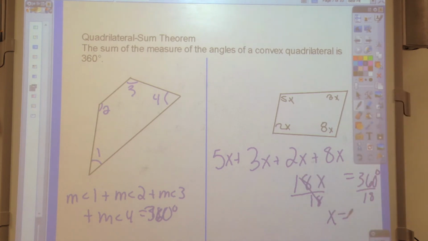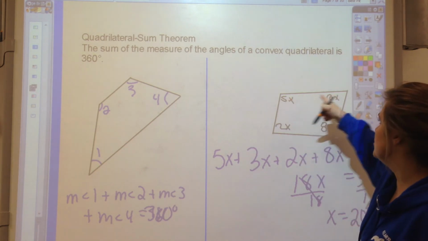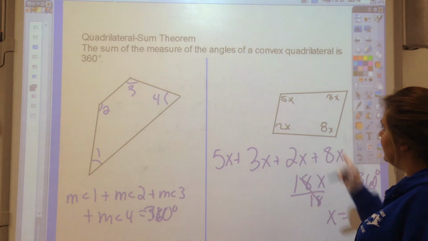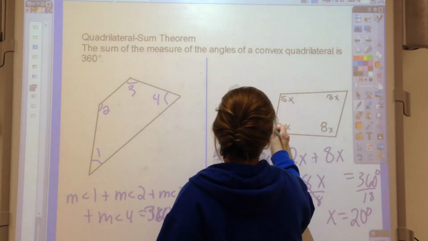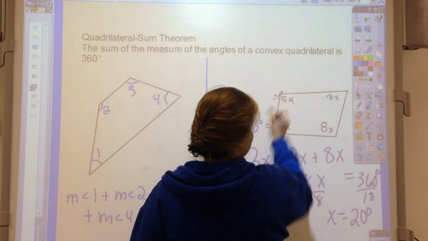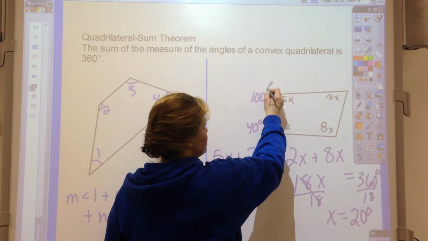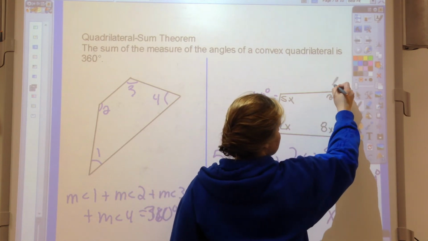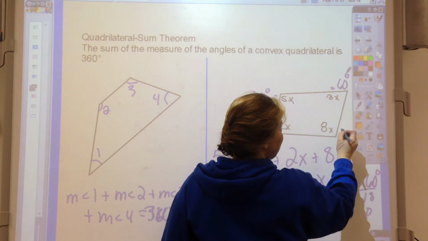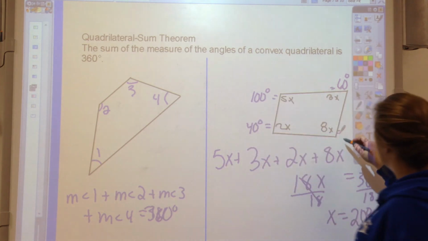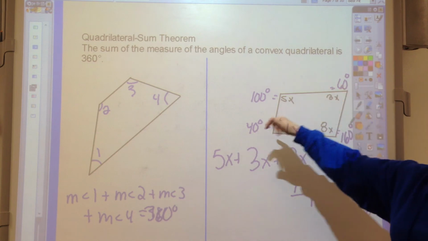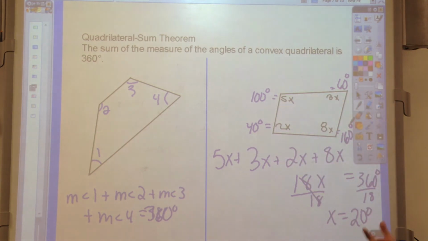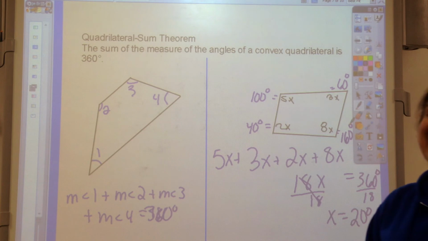And 360 divided by 18 is 20 degrees. So that means I can find each of these angles by plugging in 20 into the respective formula. 2 times 20 is going to give me 40 degrees. 5 times 20 is going to give me 100 degrees. 3 times 20 is going to give me 60 degrees. And 8 times 20 is going to give me 160 degrees. And I can double check my solutions by adding them and making sure they equal 360, and indeed they do.